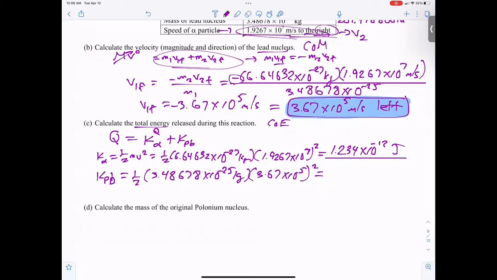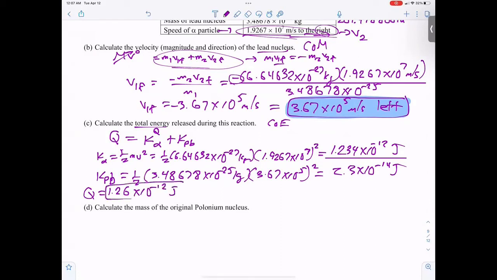When we put that into a calculator, we get 2.03 times 10 to the negative 14 joules. Now, when we add that together, Q is going to be 1.26 times 10 to the negative 12 joules.